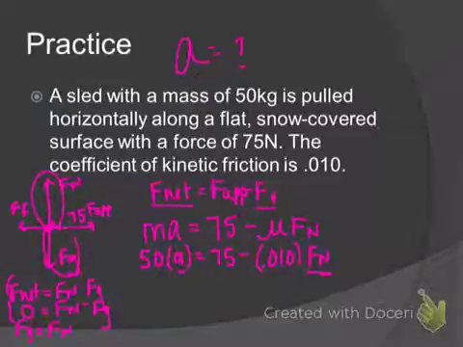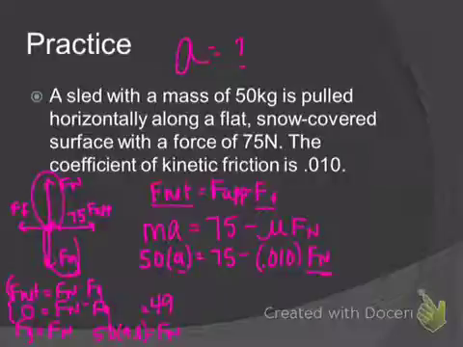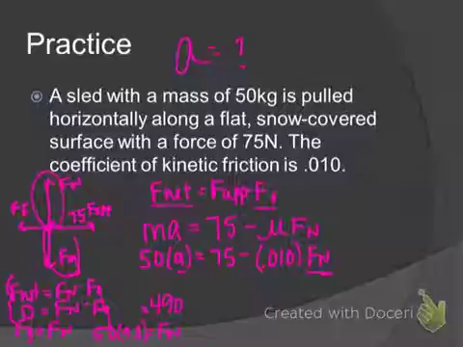Okay? So now to find normal force, we're going to take mass times gravity, so 50 times 9.8 equals the normal force, because it's equal to the force due to gravity, which means our normal force is equal to 490. So now I can plug that into my equation right here.